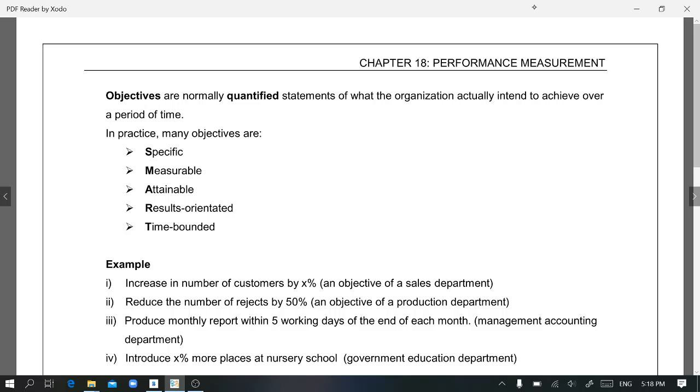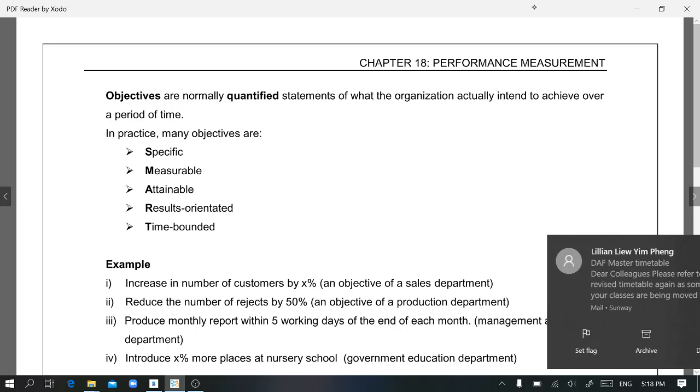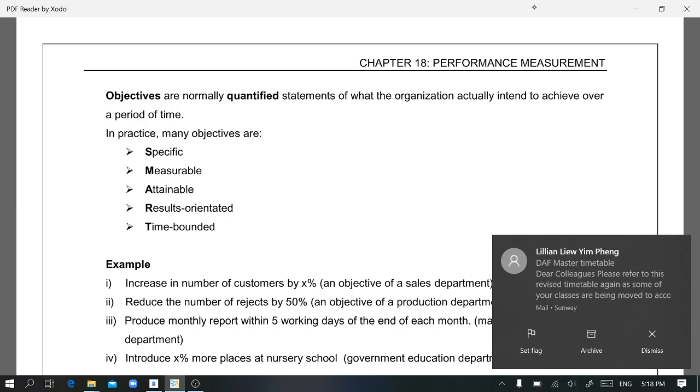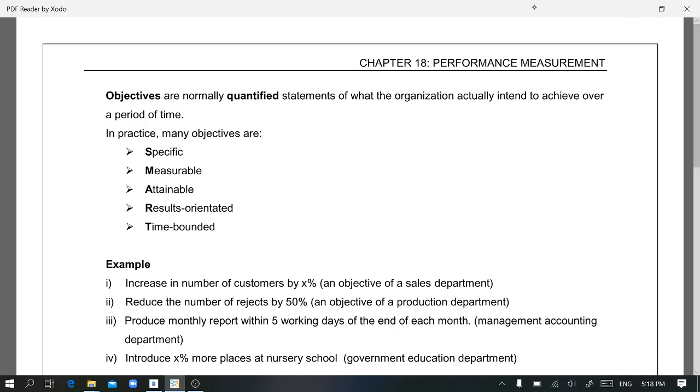Now, these are some of the characteristics of objectives. The objective must be specific, measurable, attainable, result-oriented, and time-bounded. For example, you don't just say you want to lose weight; you say lose 10 kg within 6 months. Very specific, 10 kg, and it can be measured.